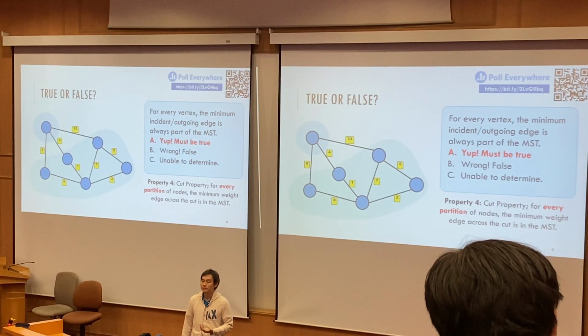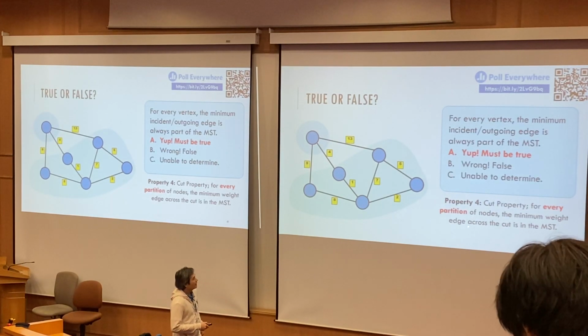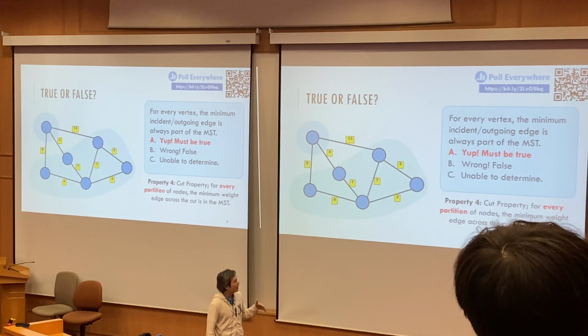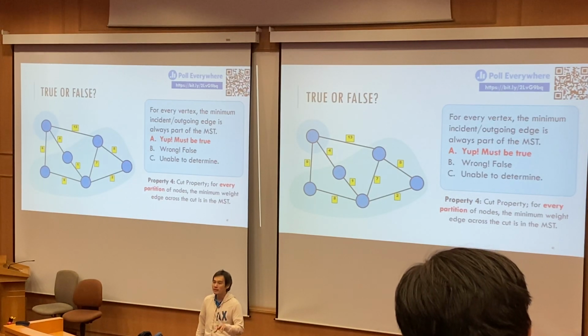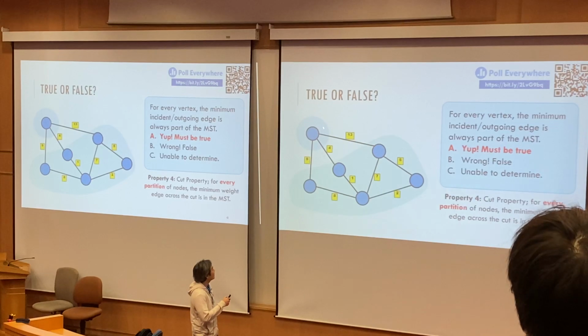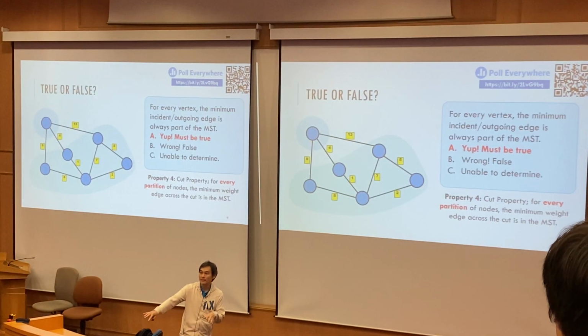Why is it true? It's true because of property 4. Right, so property 4 is the one you want to pay attention to. What does it say? The cut property says that for every partition of nodes, the minimum weight edge across the cut must be in the MST. One possible partition of the nodes is where one node is in one set on its own and all the other nodes are in the other set. Right?